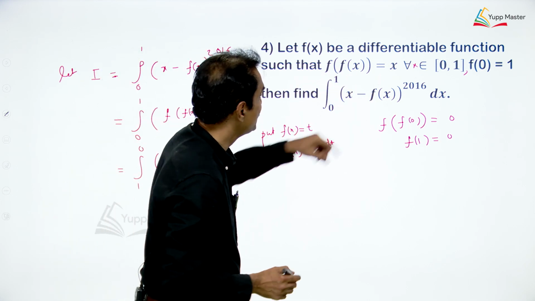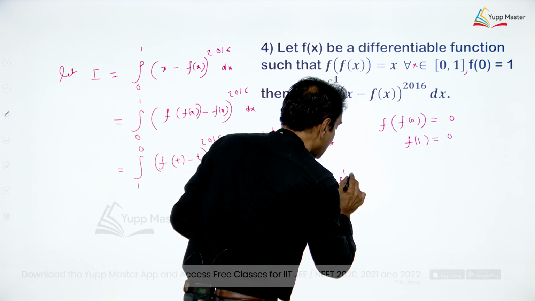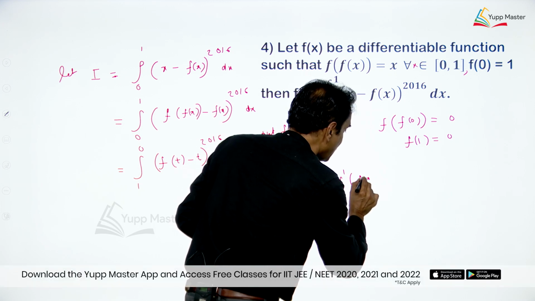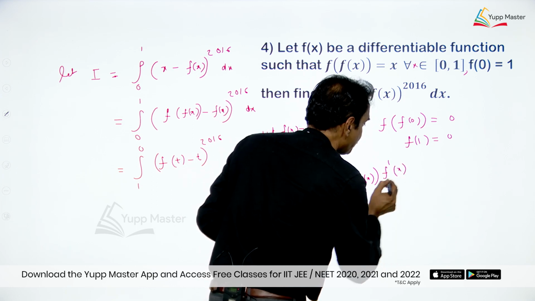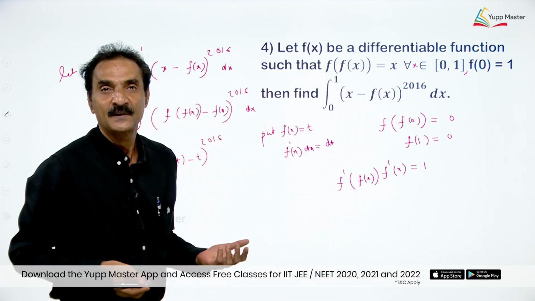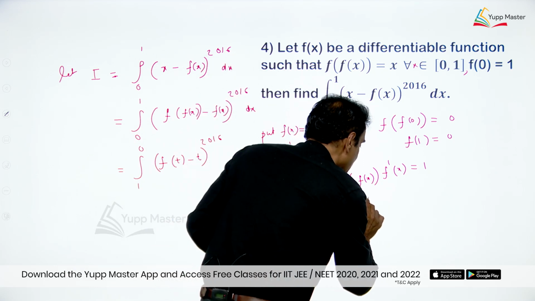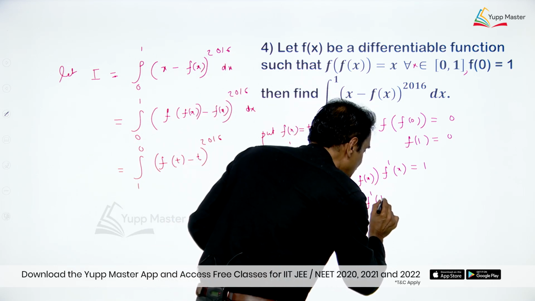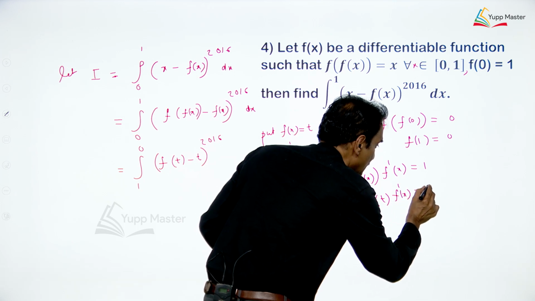If you differentiate this, what you will get? f dash of f of x into f dash x is equal to 1. Okay? If you take f of x is equal to t, it becomes f dash t into f dash x is 1.